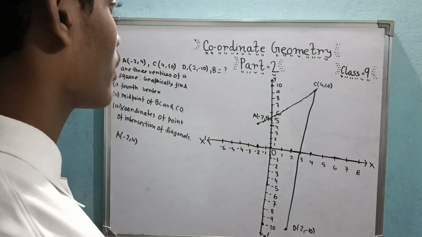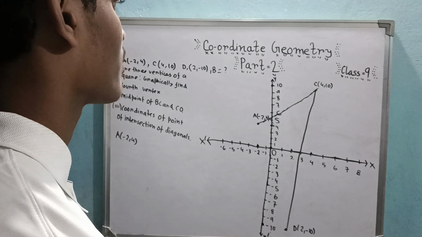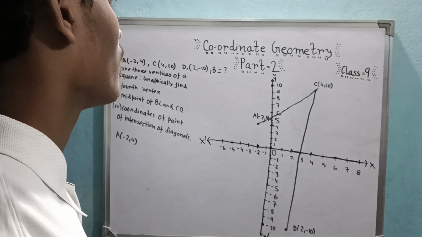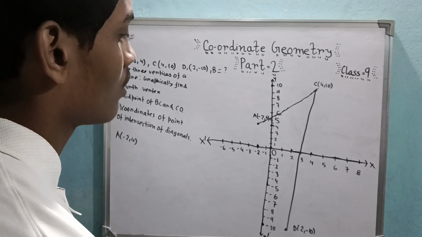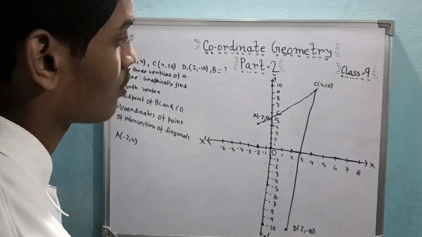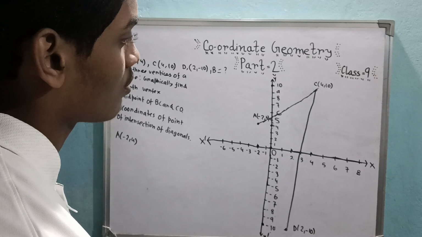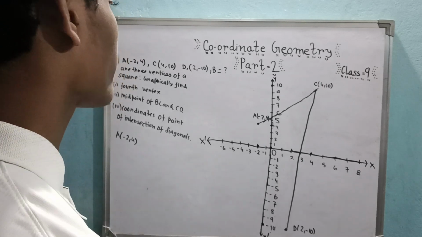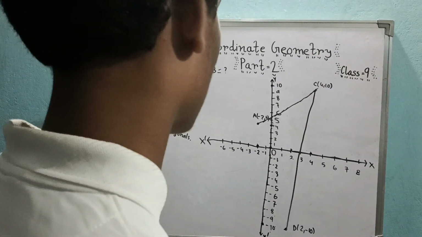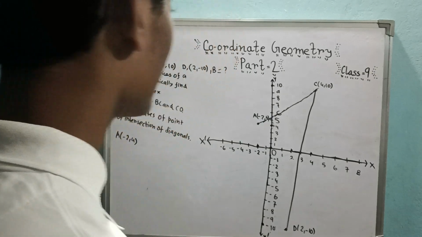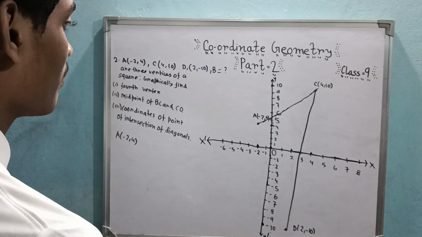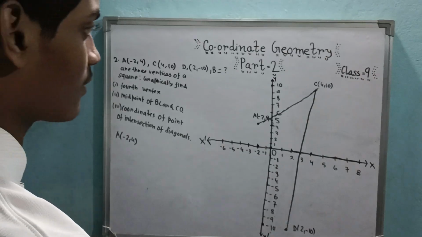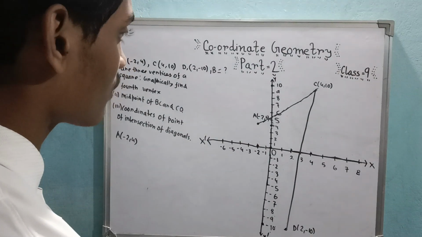Let me just calculate. 6 plus 72. It's not a square. It's nowhere a square actually. It's a parallelogram. How can it be a square? Because nowhere are the distances the same, right? Obviously, the distances are not the same.